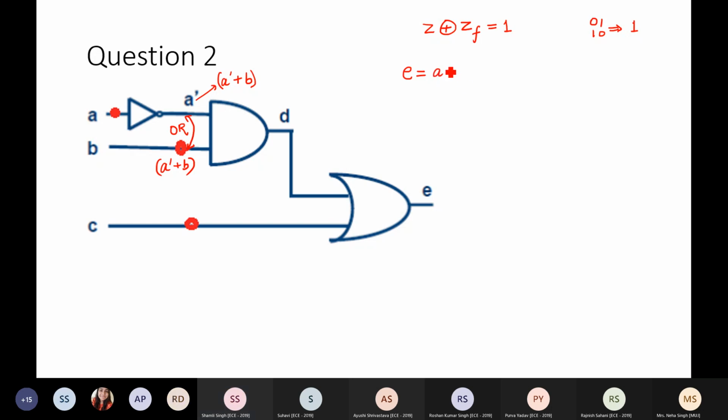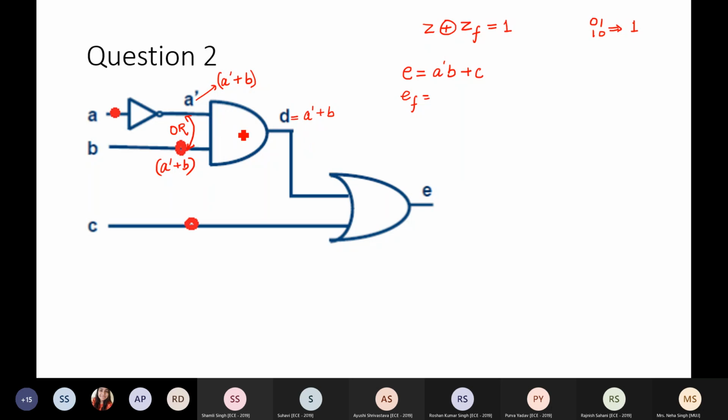A dash B plus C. What will be the faulty expression E? It means you consider this wire as A dash plus B, this wire as A dash plus B. From here A became A dash, fine, but now the value at this AND gate becomes A dash plus B. So what will the output D be equal to? A dash plus B only.